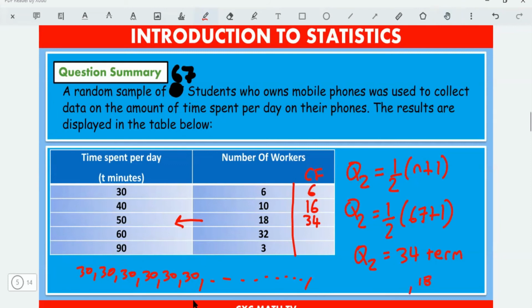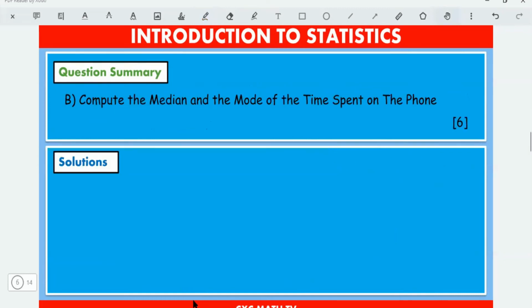The 34th term, my apologies, is going to be 50 because we write 50 18 times. So therefore the median is 50. From this we can say the median time spent on phone is equal to 50 minutes.